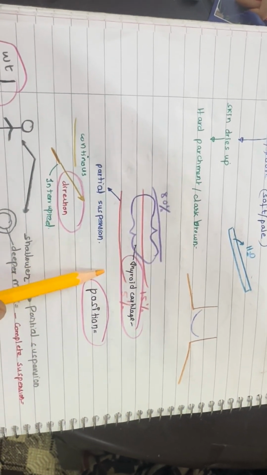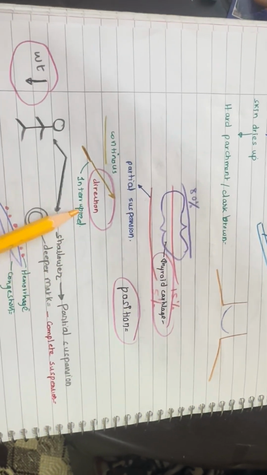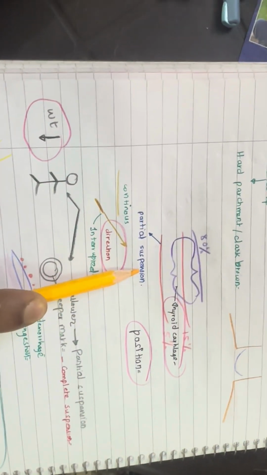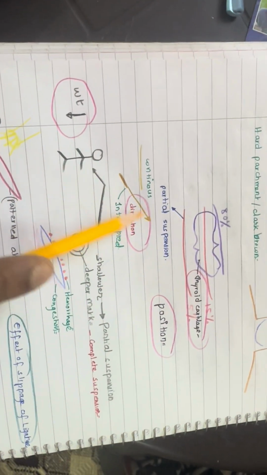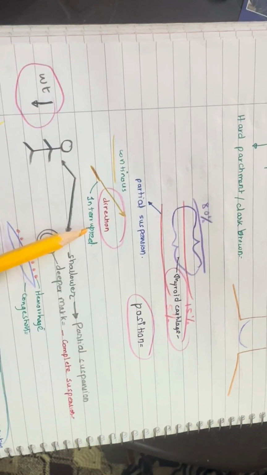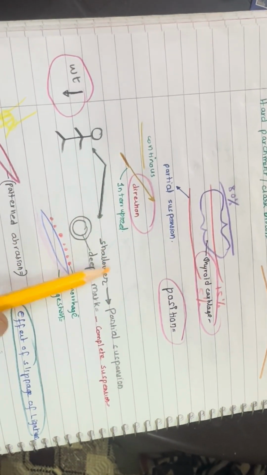Ligature below the level of the thyroid is more common in partial suspension. Its direction, whether it is continuous or interrupted.